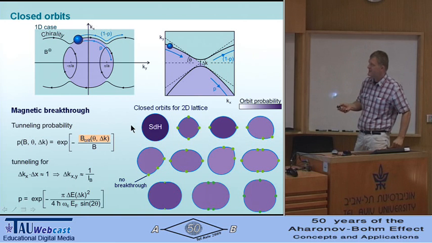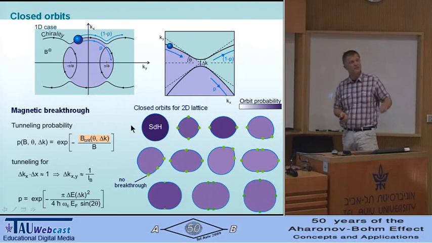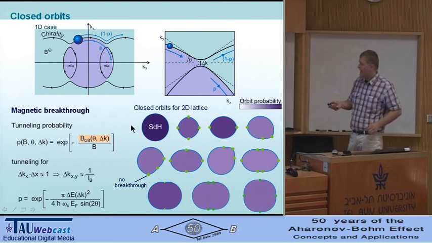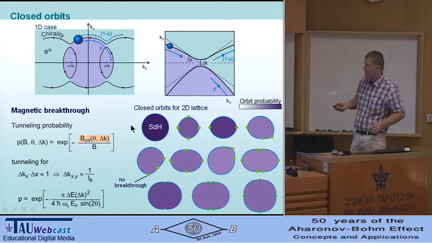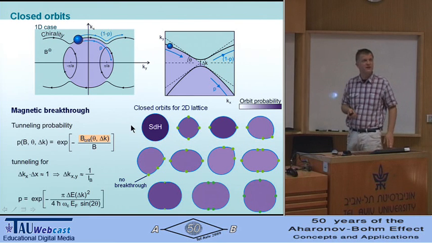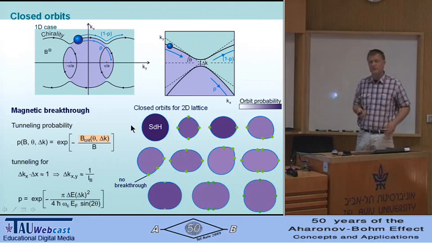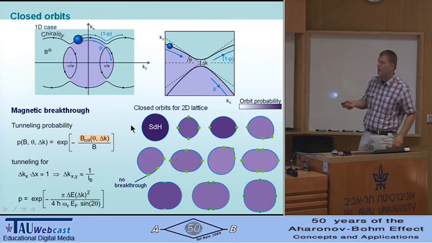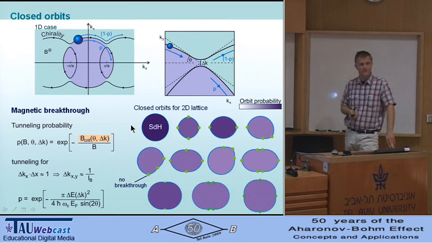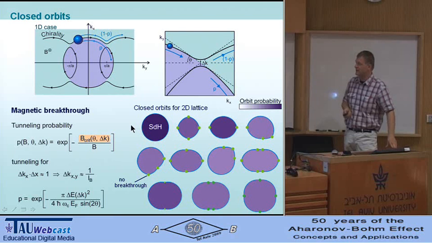Now, these green points that I've marked on these orbits are those points where the electron does not tunnel. In any of these orbits, you need as many as 700 segments of the original Fermi contours to construct them. So there are many more tunneling events than there are locations where the electron does not tunnel. Just to give you an idea.